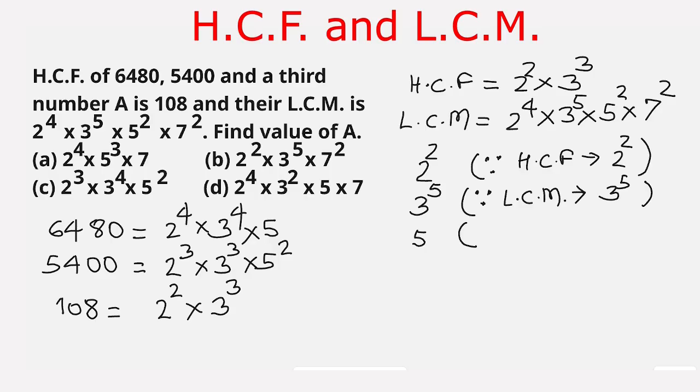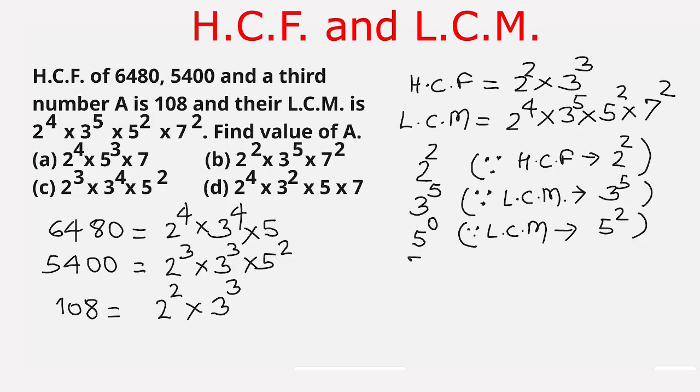So 5 cannot have a power more than 2, and it can have 0, 1 or 2. I am putting it as 5 to the power 0, and I will explain later why I have put it as 0.